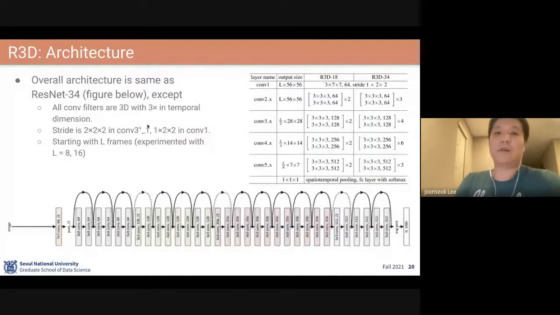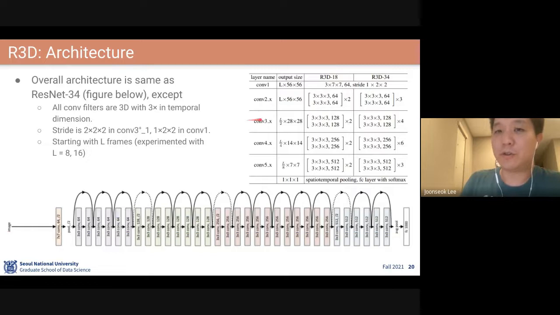Yeah. So after the second conv, they didn't reduce the size by the pooling, according to this table.